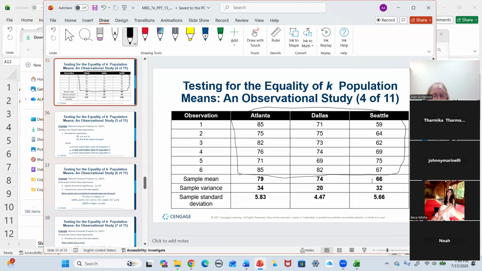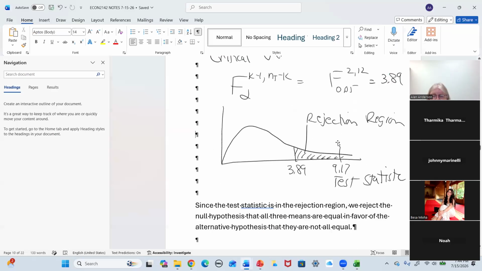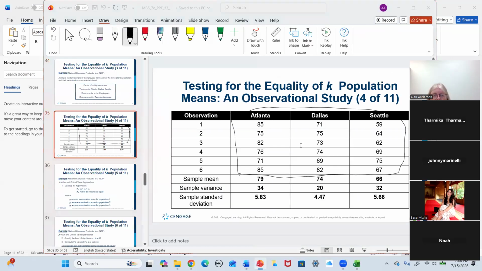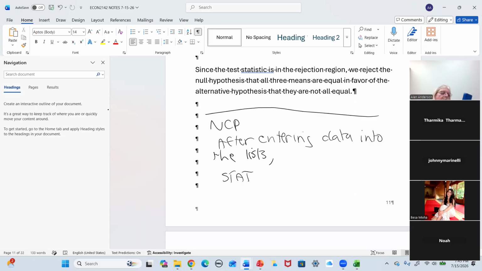Now, of course, once you've typed all your information into the lists, making sure that you've done it correctly, this is the NCP example. After entering the data into the lists, I'm going to do stat, tests, letter H, ANOVA.